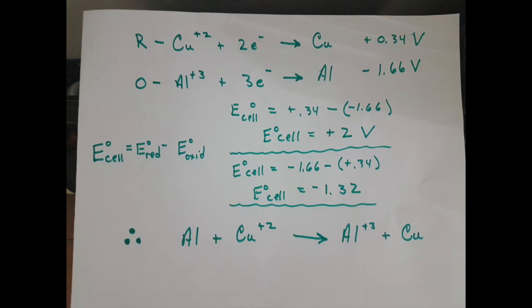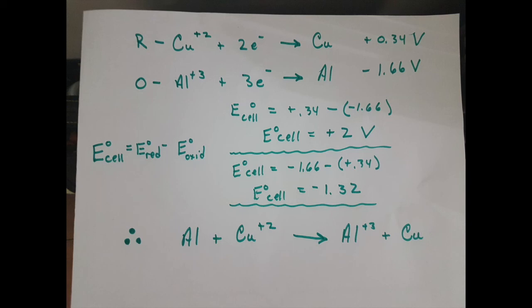Therefore, the reaction will be, therefore, aluminum plus copper plus 2 yields aluminum plus 3 plus copper. Not very difficult. You just got to keep your wits about you, because even though they're reduction potentials, I can reverse it and use it as an oxidation reaction.